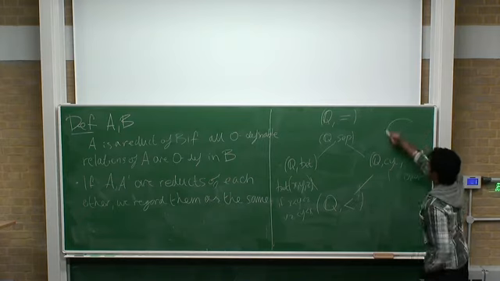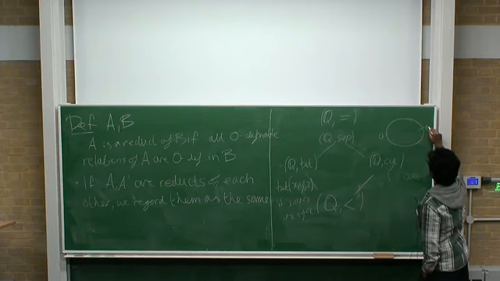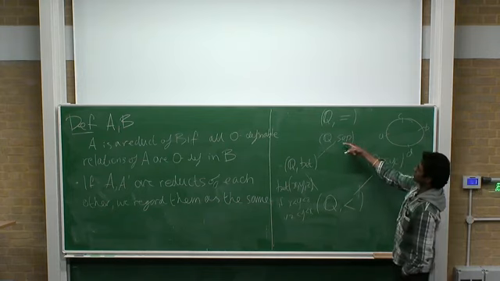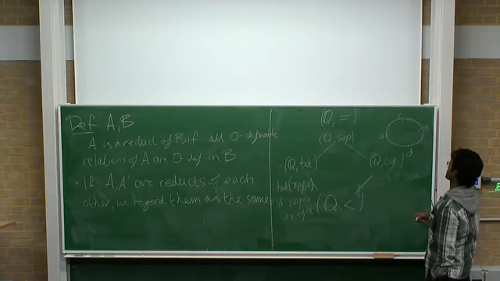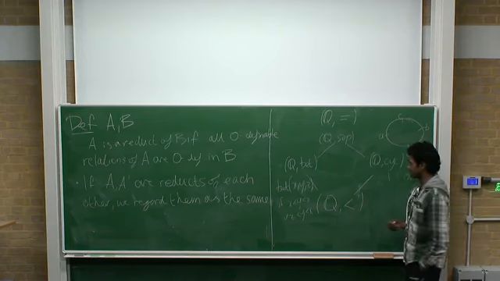So separation relation, A, B, C, and D. And 4 points are related by this relation if C and D separate A and B.